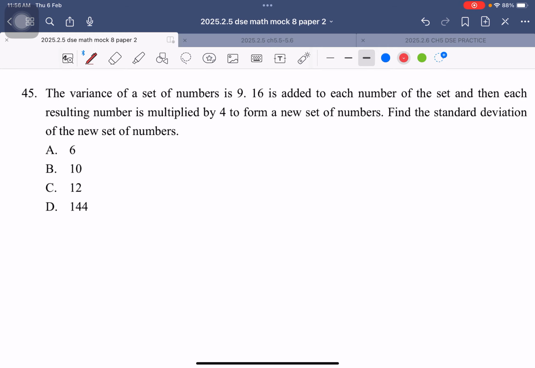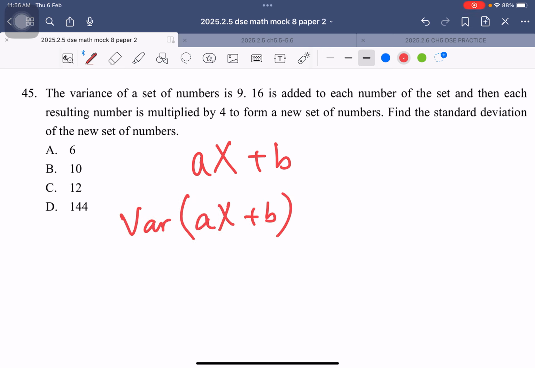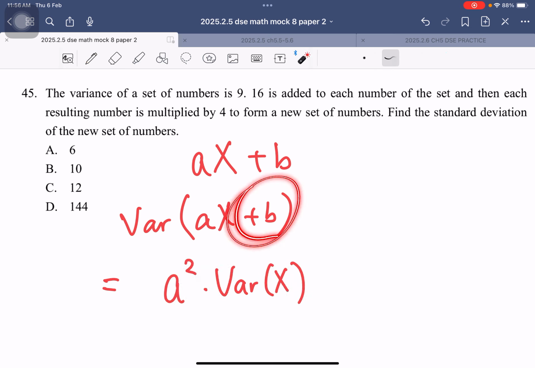If we have the original data, and you times it by a number A and then you plus a number B, what's going to be the effect on the variance? The variance is going to be A squared times the original variance. Plus or minus a number won't affect your variance, isn't it?